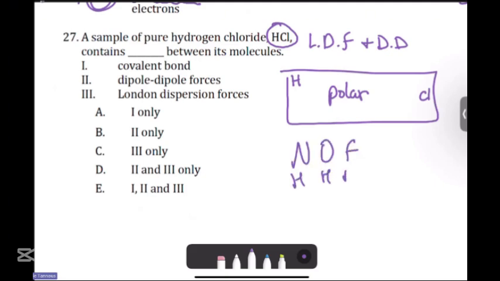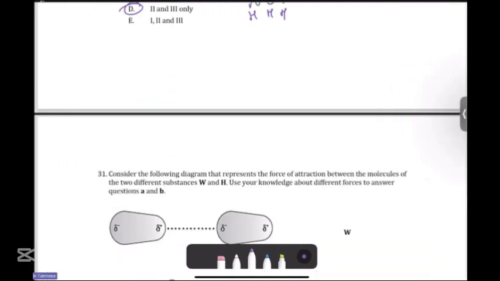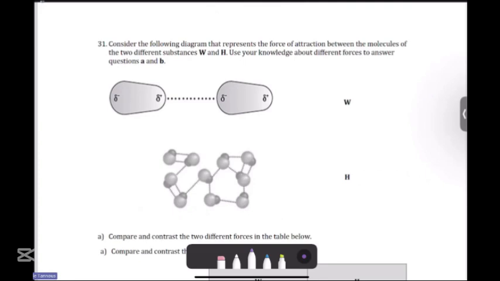Is it HN or HO or HF? No, it's HCl. So that's it: London dispersion forces and dipole-dipole. They're asking about the forces between the molecules, not inside the molecule, so take number one. So 2 and 3.